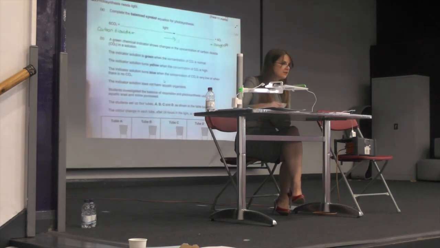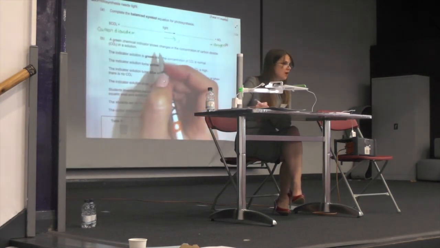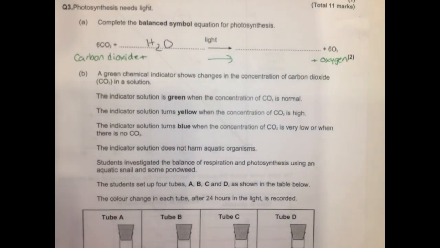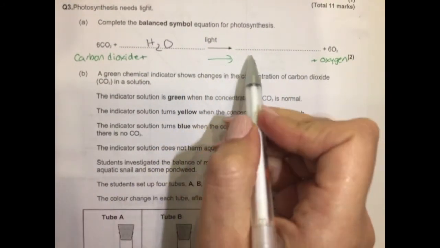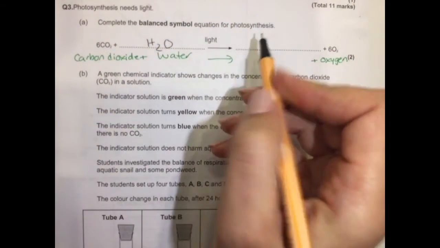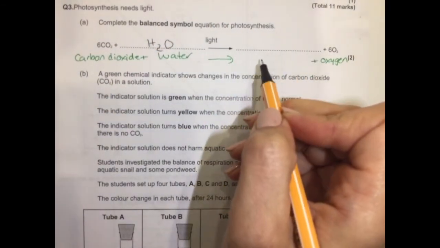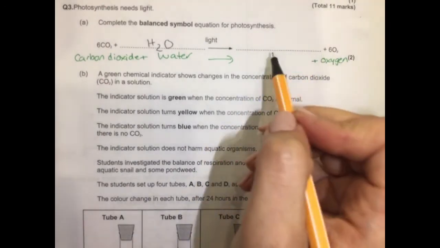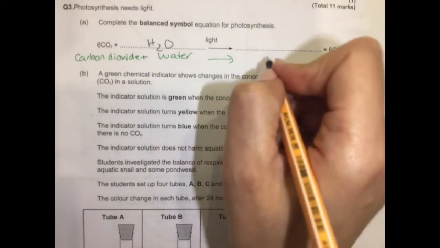Somebody quickly tell me, and then we can get this question done. Water, thank you. H2O. I'm going to balance it in a minute. So that's water. And what does it produce? It produces oxygen and glucose.